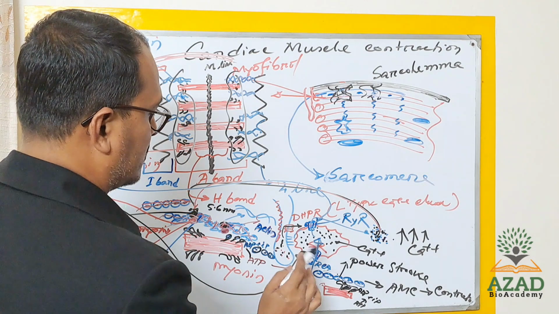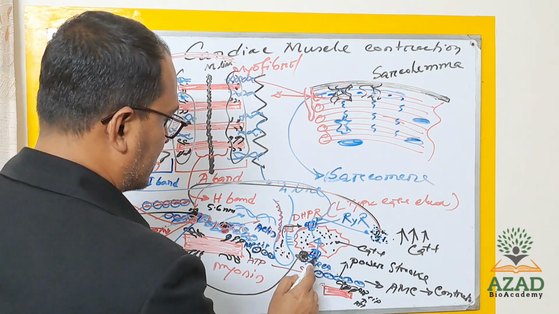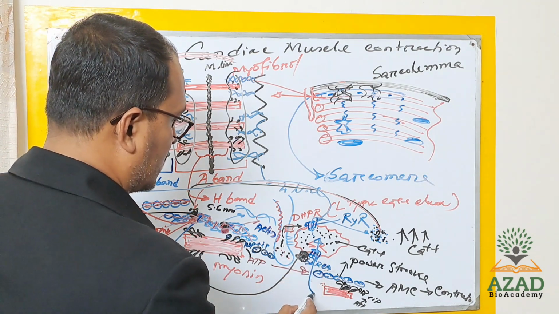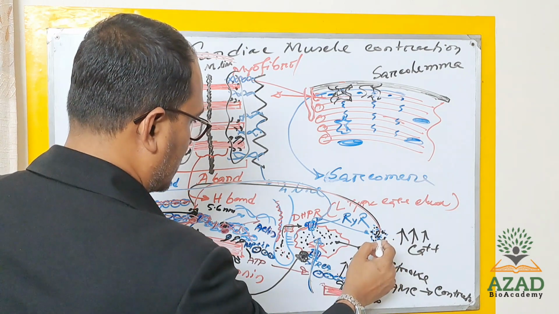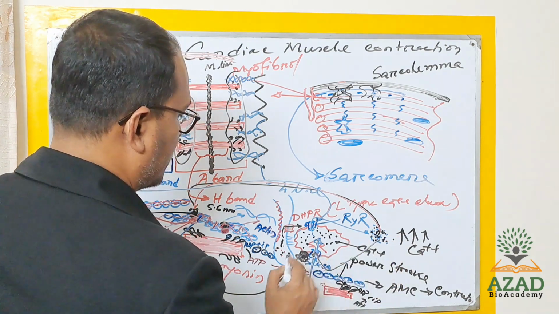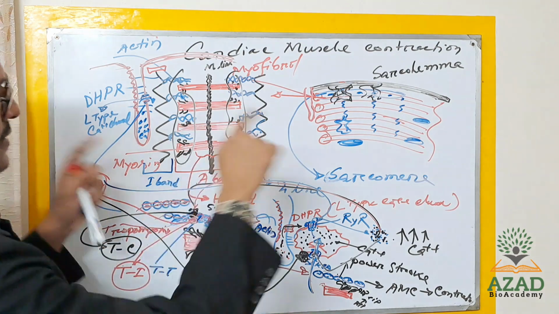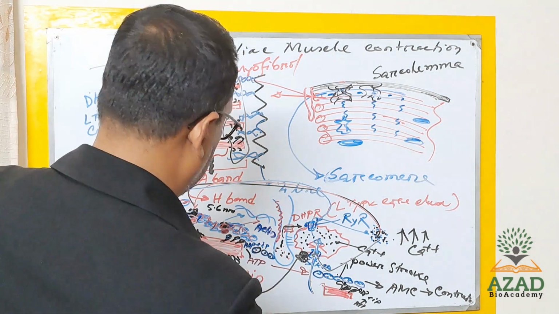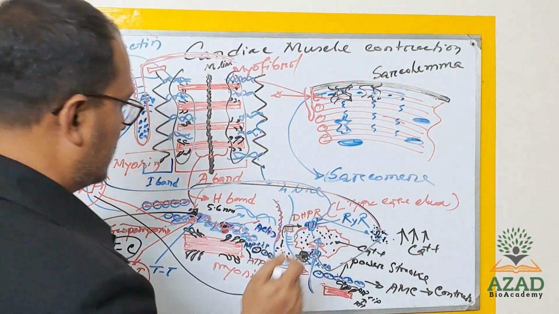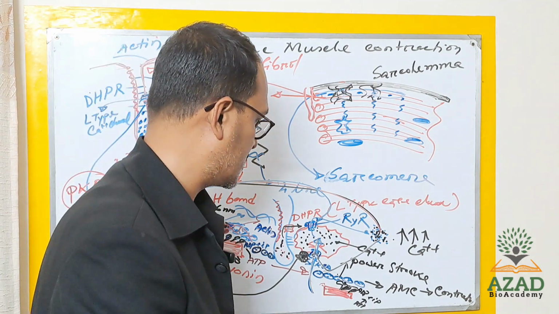The inhibitory function will decrease, and that channel will work properly to reuptake excessive calcium through this way, and that will prevent excessive contraction. This is a different thing, so you can say this is somewhat unnecessary here.